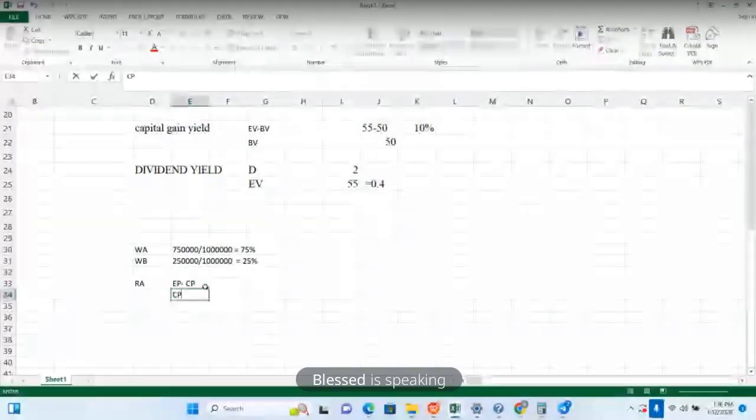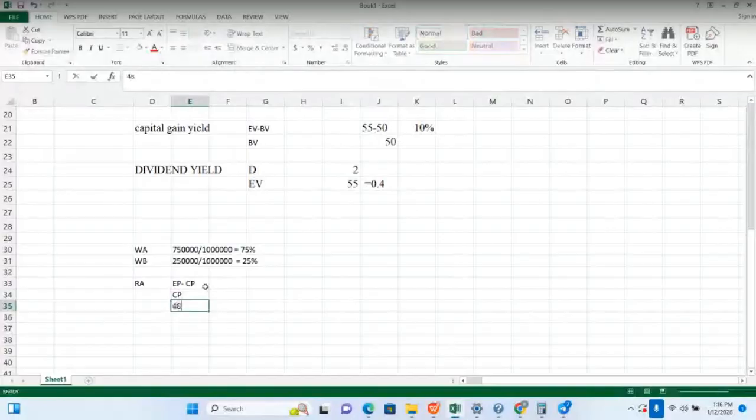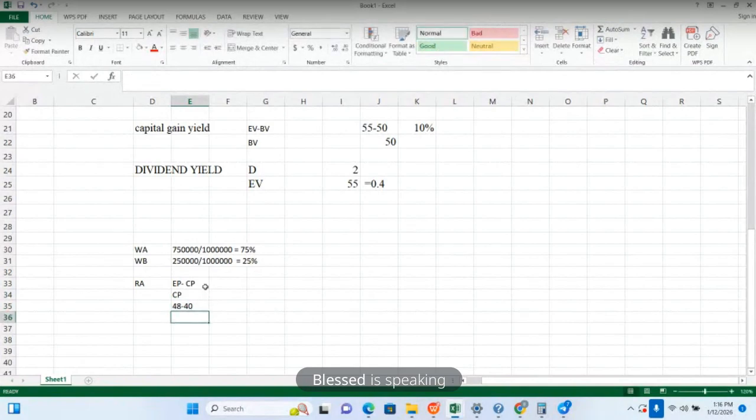So now we have our expected price to be 48 minus our current price, 40, plus 0, that is our dividend, divided by 40. Do you get it?